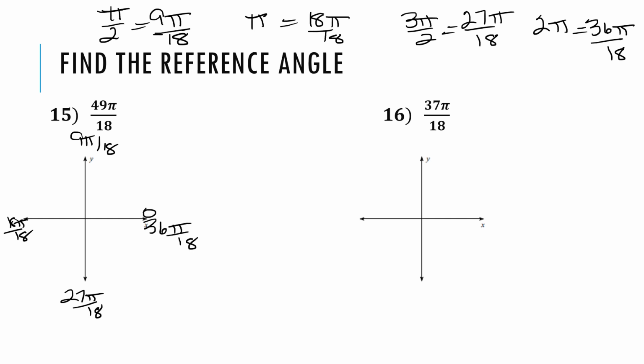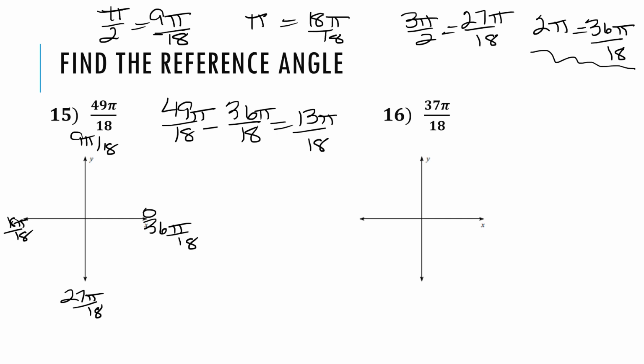All right, so for the first one, we have 49 pi over 18. That's over 2 pi, so I want to find a coterminal. 49 pi over 18 minus 2 pi, which is 36 pi over 18, would give me 13 pi over 18. So when I sketch, one full rotation is 36 pi over 18.